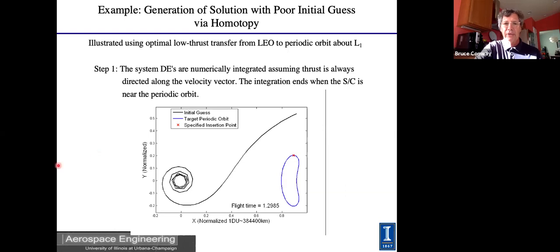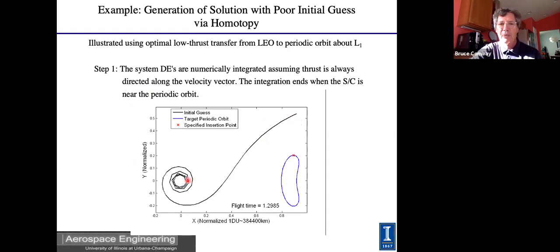It's quite complicated, you can see, because it has many revolutions around Earth before you get escape energy. So the first step, let's assume that the thrust is always directed along the velocity vector. That maximizes the rate of increase of kinetic energy. Well, and then stop the integration when you get anywhere near the final orbit. Well, that gets you close, but it's not great.